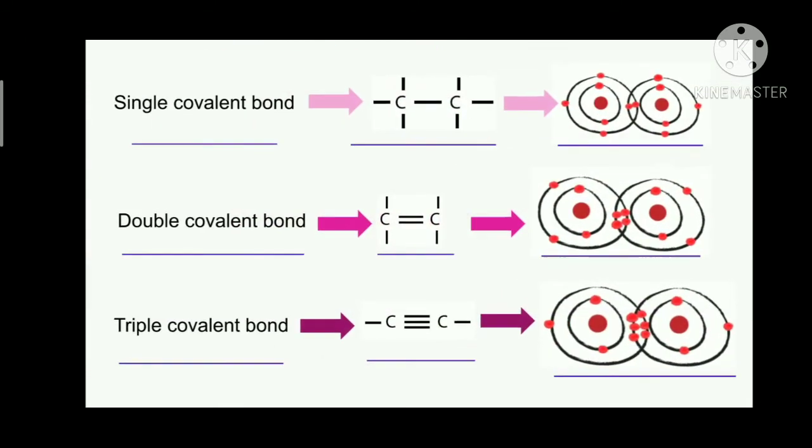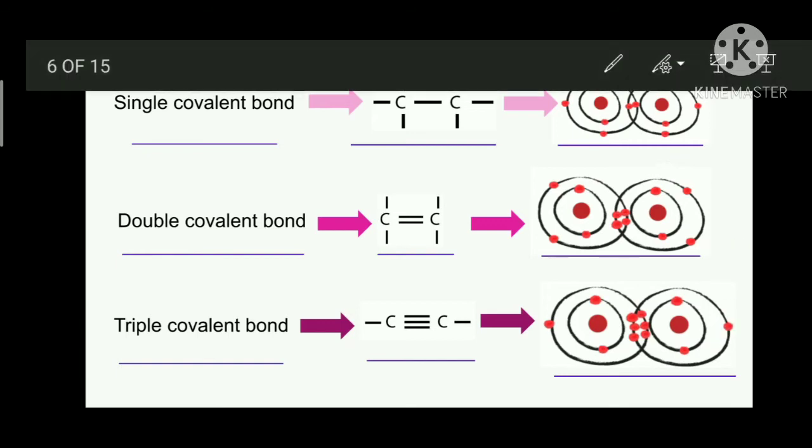Now we go. This is a single covalent bond. A single covalent bond has one straight line. This is the left carbon and the right carbon. One valence electron from the left carbon and one valence electron from the right carbon will be joined and get one straight line.